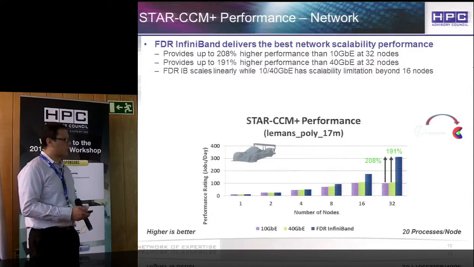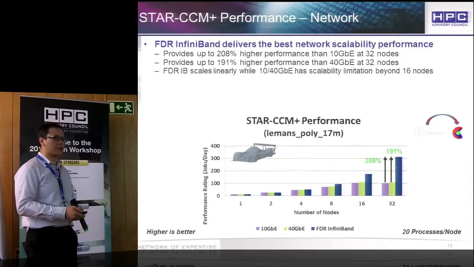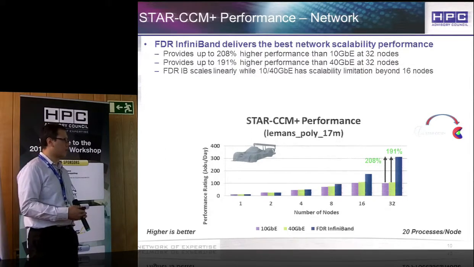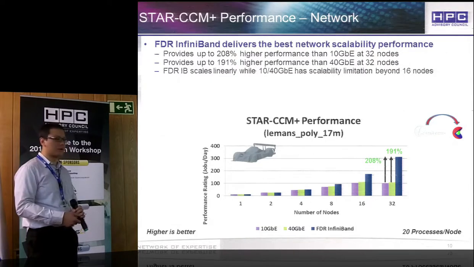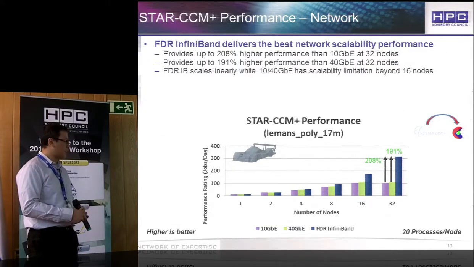The first comparison that I work on is across different network interconnects. By doing that, you can see how sensitive the application is, how important the network interconnect is to the performance of the user application. If you're working on a small number of nodes, 1, 2, and 4 nodes, it doesn't really show much difference. But if you scale out to more and more systems, the performance difference becomes more apparent.